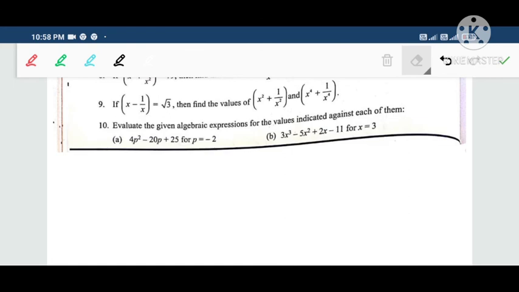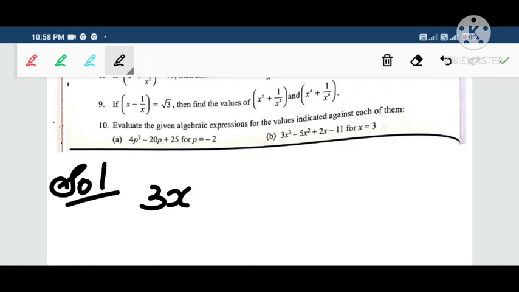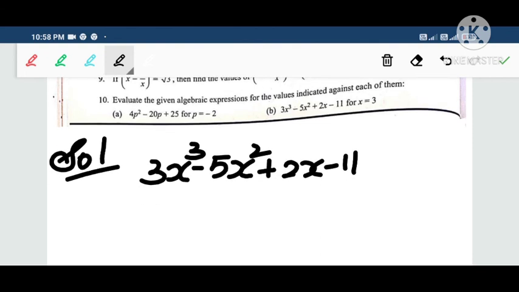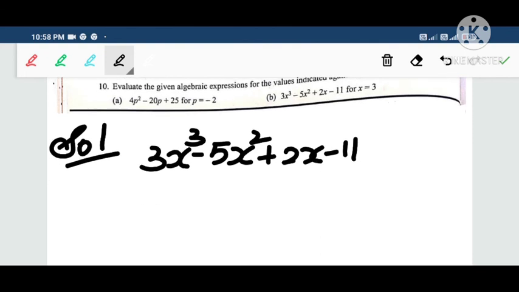Now we move on to the solution. What is given? The given expression is 3x to the power 3 minus 5x to the power 2 plus 2x minus 11. We need to substitute x is equal to 3. I just substitute the value instead of x.